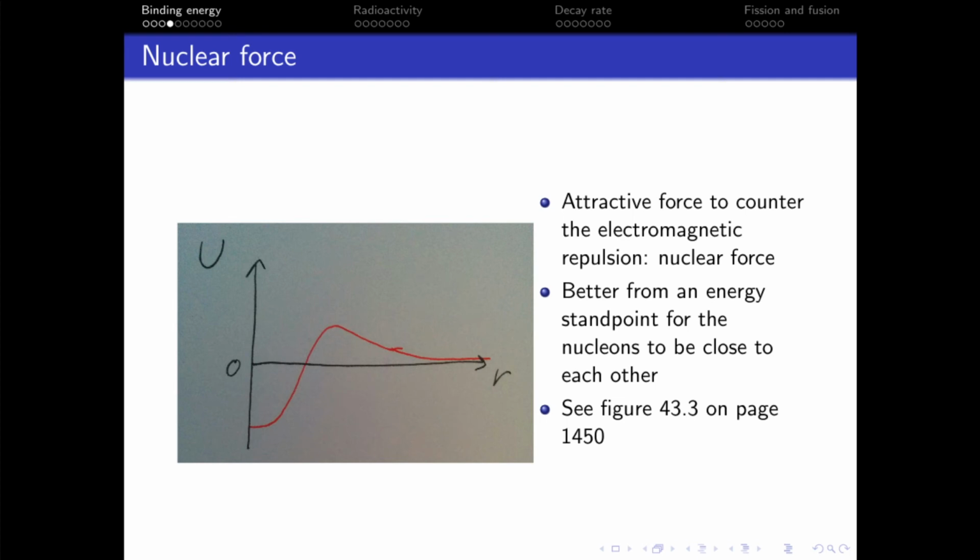Gravity is not large enough to counter this effect. The new type of force we'll need, which will be an attractive force to enable the nucleus to stay together and not break apart as soon as it is formed, we'll call the nuclear force. It is a force that is only very large at very, very short distances.